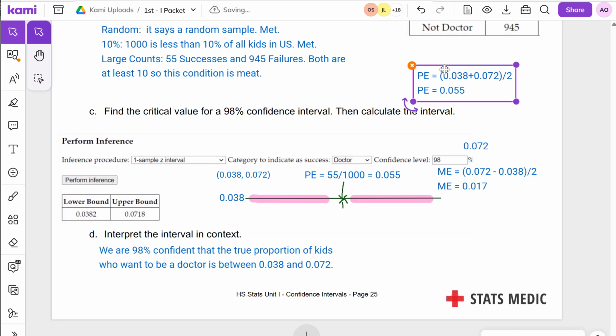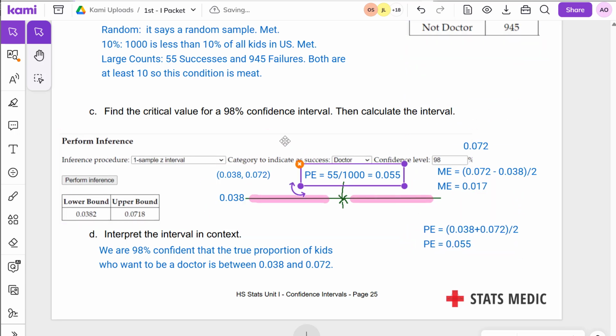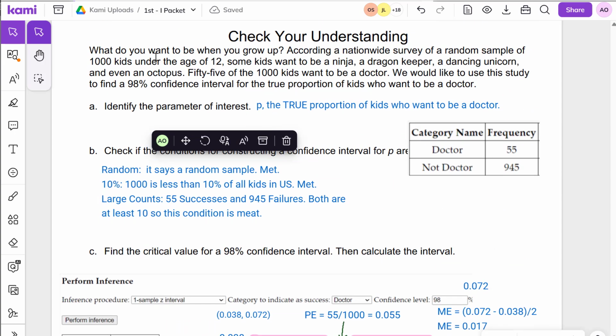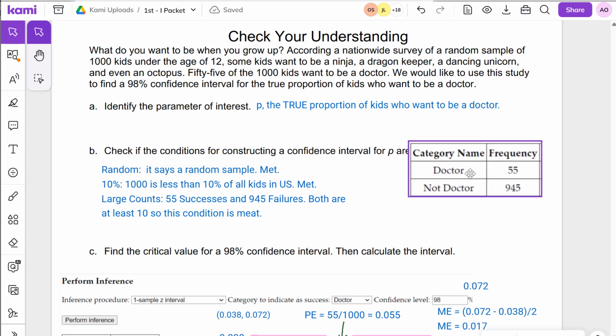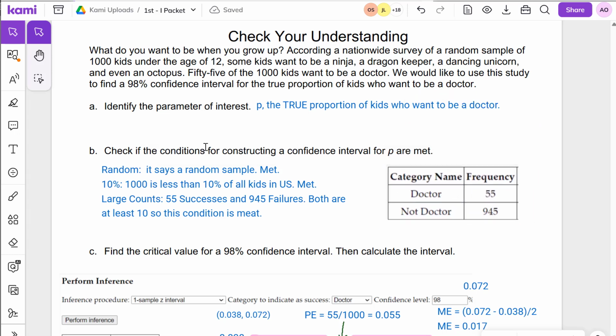All right, so first of all, what are we dealing with? We have 55 of the 1,000 kids want to be a doctor. We want a 98% confidence interval. So you go in one proportion, one categorical variable. So I'll add that as one categorical variable.